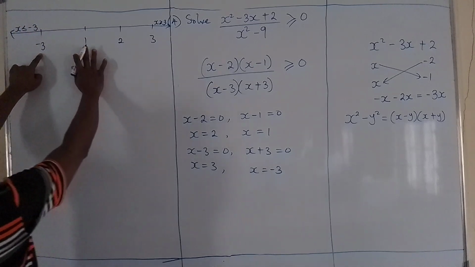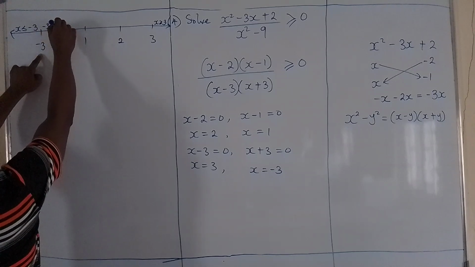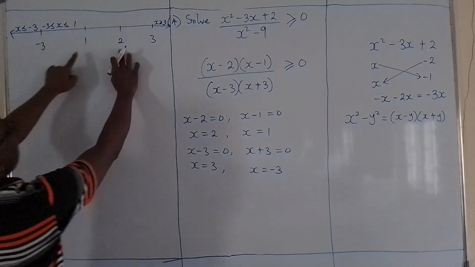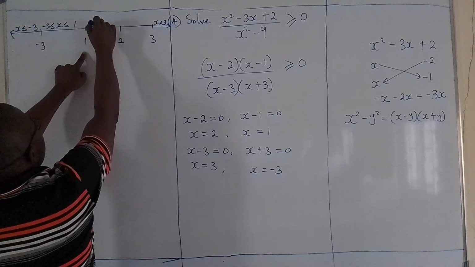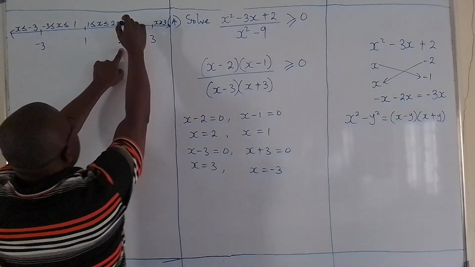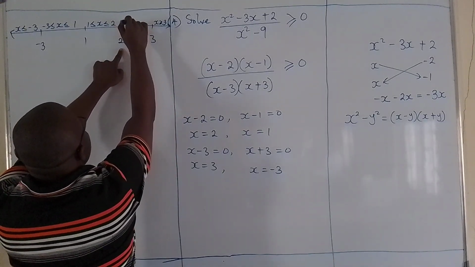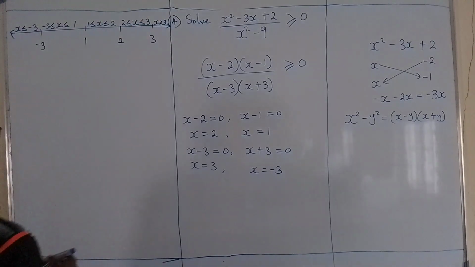In between is from minus 3 to 1, so we have minus 3 is less than or equal to x is less than or equal to 1. In between is from 1 to 2, so we have 1 is less than or equal to x is less than or equal to 2. Then in between is from 2 to 3, so we have 2 is less than or equal to x is less than or equal to 3.